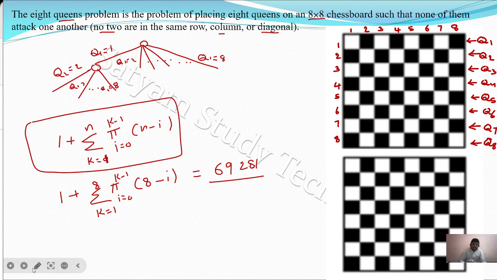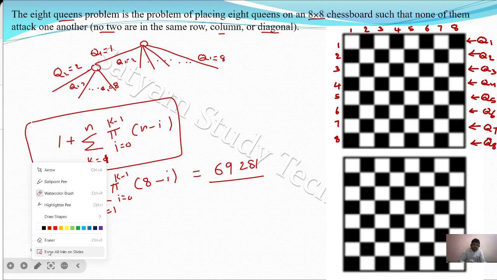Now let us discuss one simple example of how we can solve this problem. You can see 8 queens are placed on an 8 by 8 chessboard. For example, here q1 is placed in the first column, then q2 is not placed in the first column or the second column.